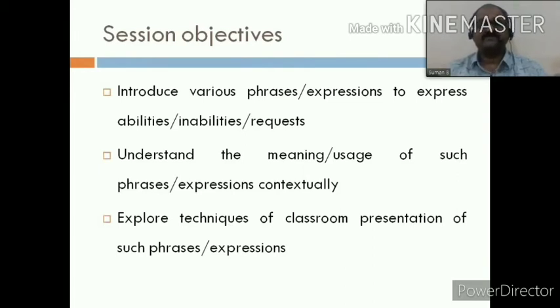There are many very basic language functions which are also important for our primary children because we use them on a daily basis. So in the second half of this session, we are going to explore techniques of how we can present these in the classroom. This is also important for us as primary teachers.